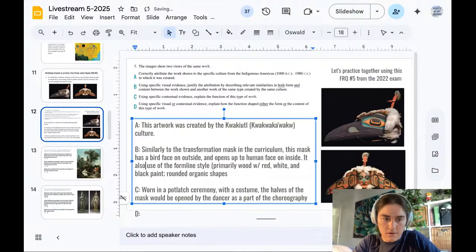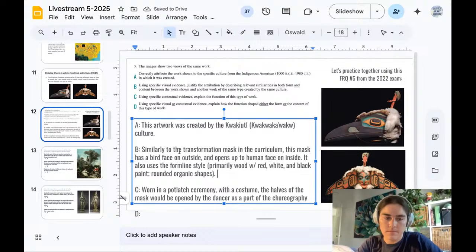It also uses the formline style. Alrighty.